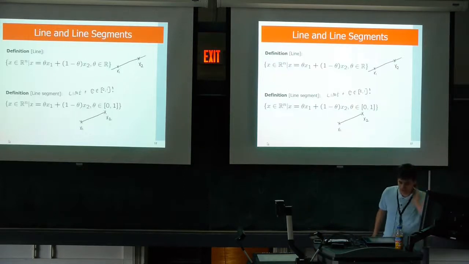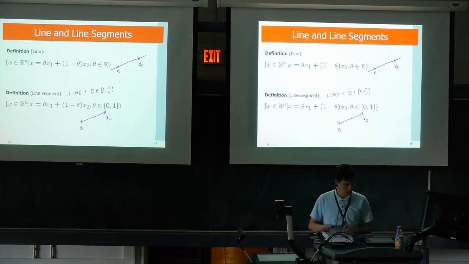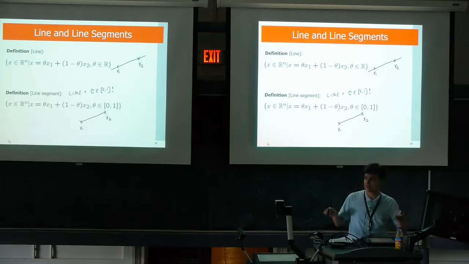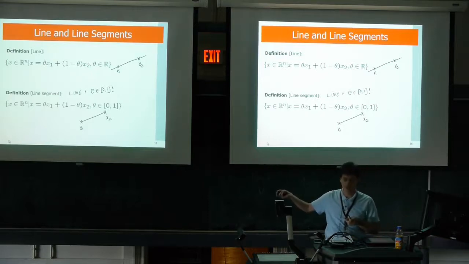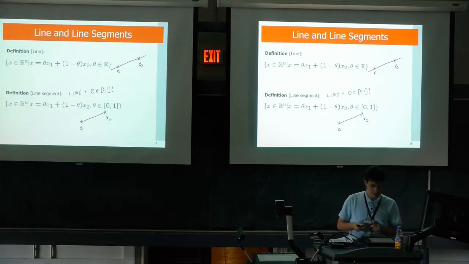OK, so we will need a few basic definitions, such as line. So we have points x1 and x2, and we say that the line is that set in an n-dimensional Euclidean space, which is defined with this equation here, where theta is a real number.